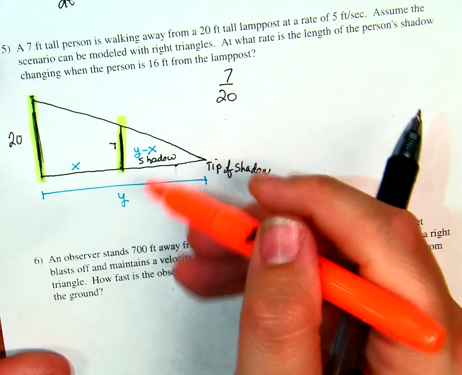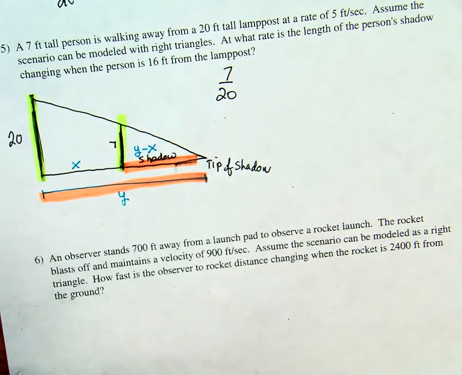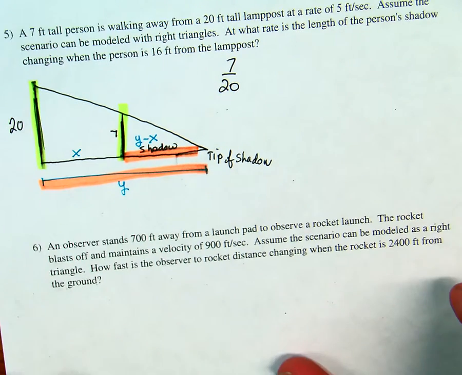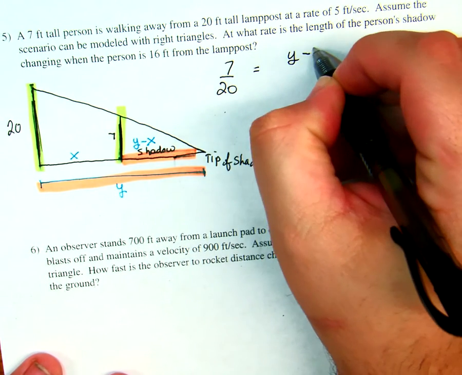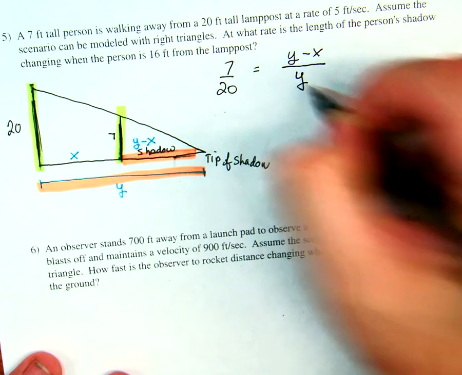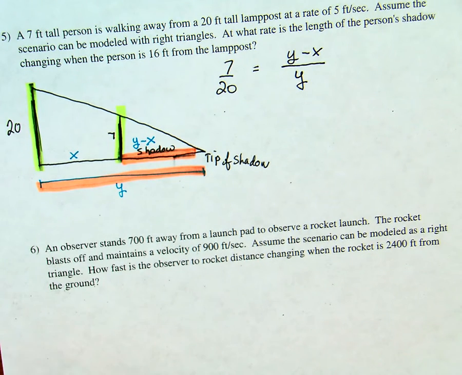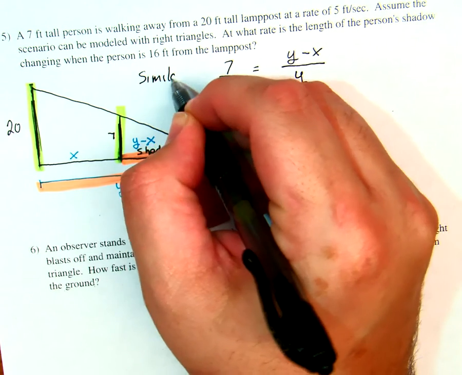So this is going to be equal to y over x over y. So similar triangles give me this ratio. Everybody okay with that?